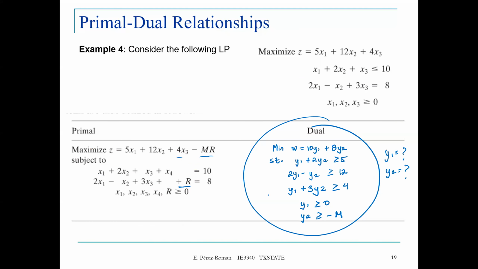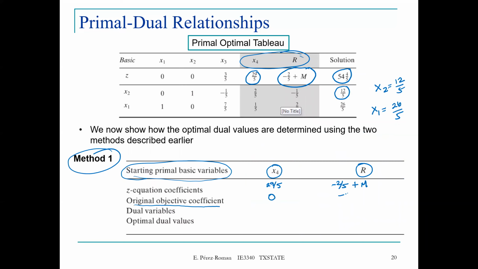And in the original problem, the coefficient for r was minus M. So minus M. And the dual variables associated are y1 and y2. And what are the optimal dual values? Well, we're going to use this information to find out. We're going to use this, and we're going to use that.